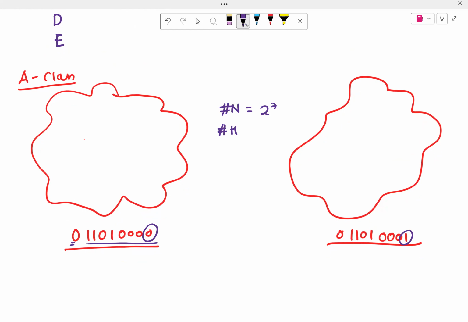The number of hosts will be equal to 2 to the power of the remaining number of bits, which is 24, so 2 to the power 24. It assumes this type of network will number 2 to the 7 in the world, and each network will have a huge number of host computers within it, 2 to the 24.